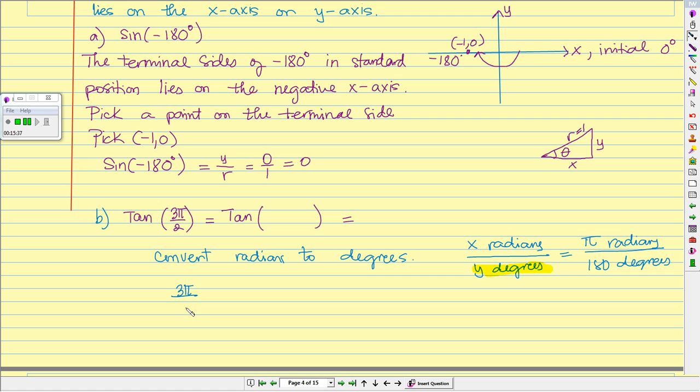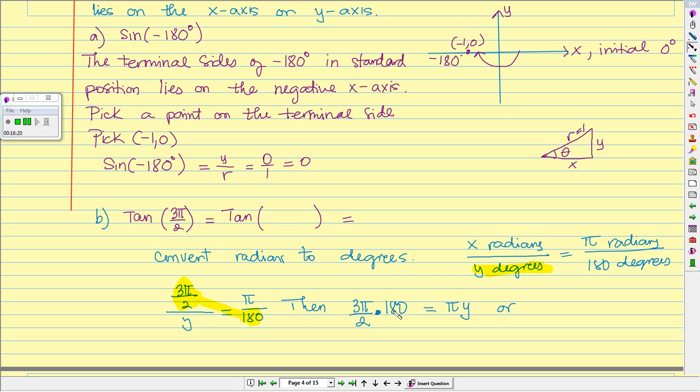Therefore right here we will have 3 pi over 2 over y equals pi over 180 degrees. Let me do this a little bit more detailed. First, I'm going to cross multiply. Then we have 3 pi over 2 times 180 equals pi times y.